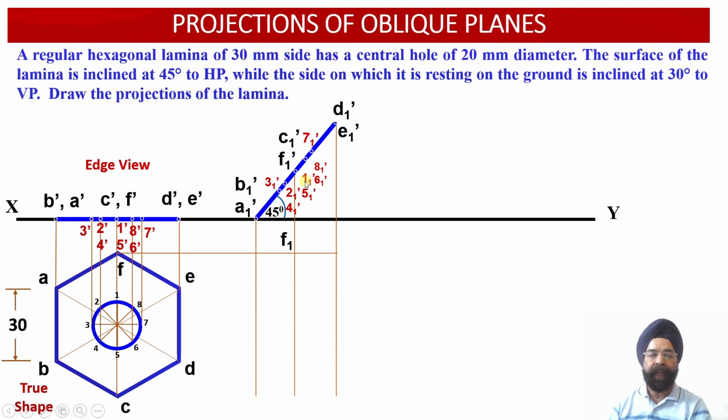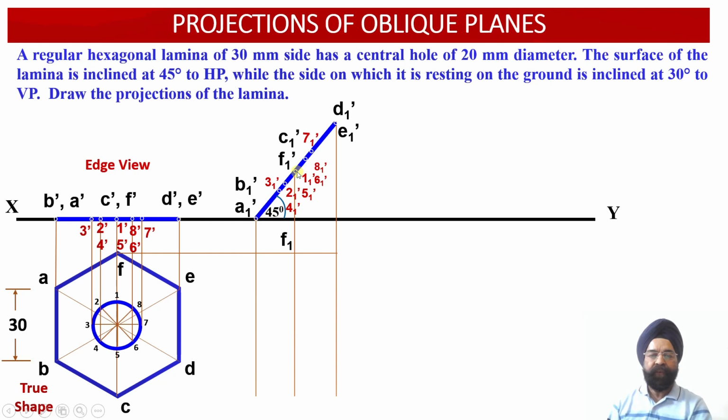Now here we can see, first of all, we are going to obtain the plan projection view corresponding to the hexagon. Then we are going to obtain the projections of this particular central hole over here. So this central hole will be projected as an ellipse in the top view projection. So let us start with the external boundary, that is regarding the 6 points of the hexagonal lamina.